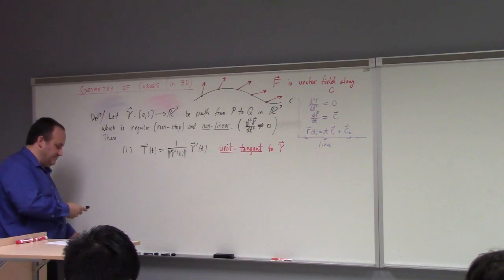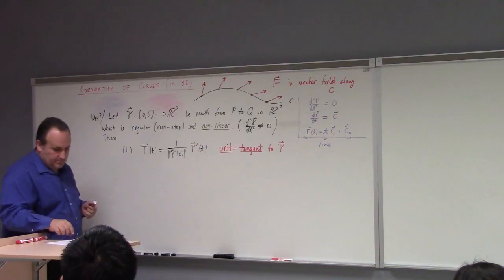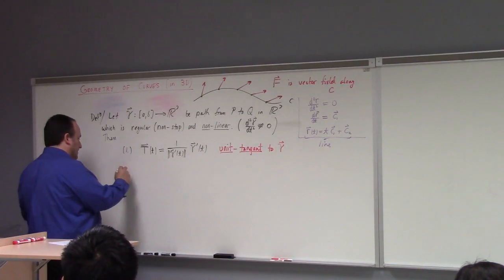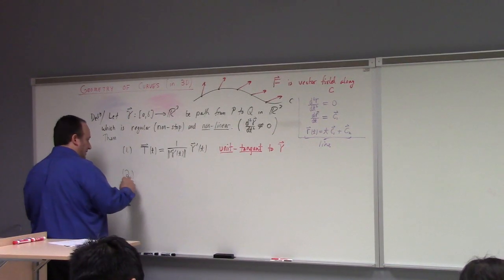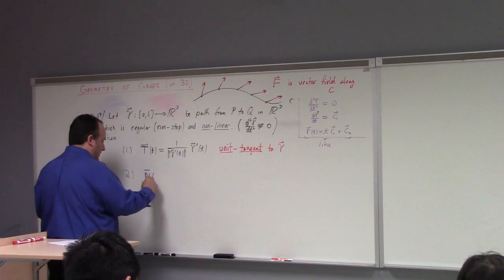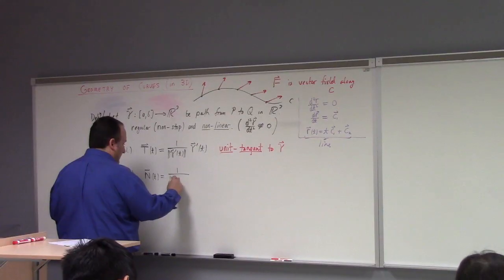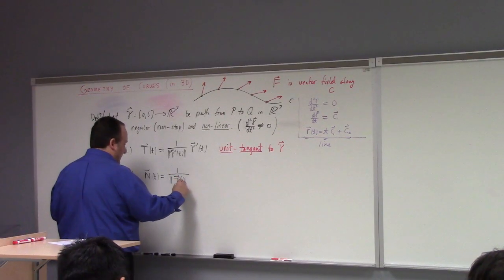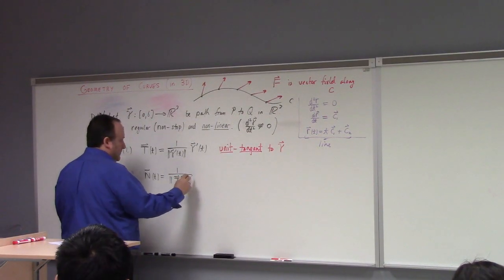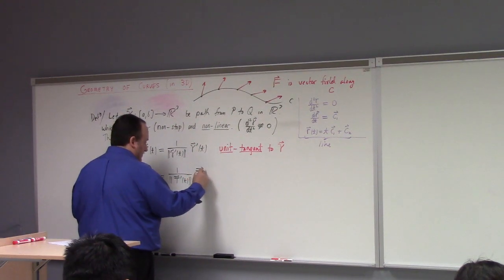So this is T. Number two, we define N of t to be equal to 1 over the length of T prime of t times T prime of t.